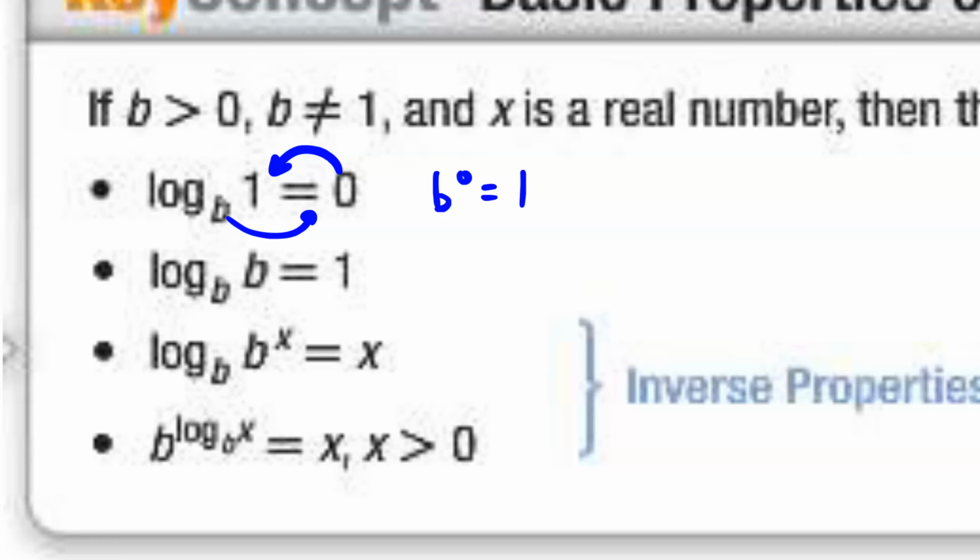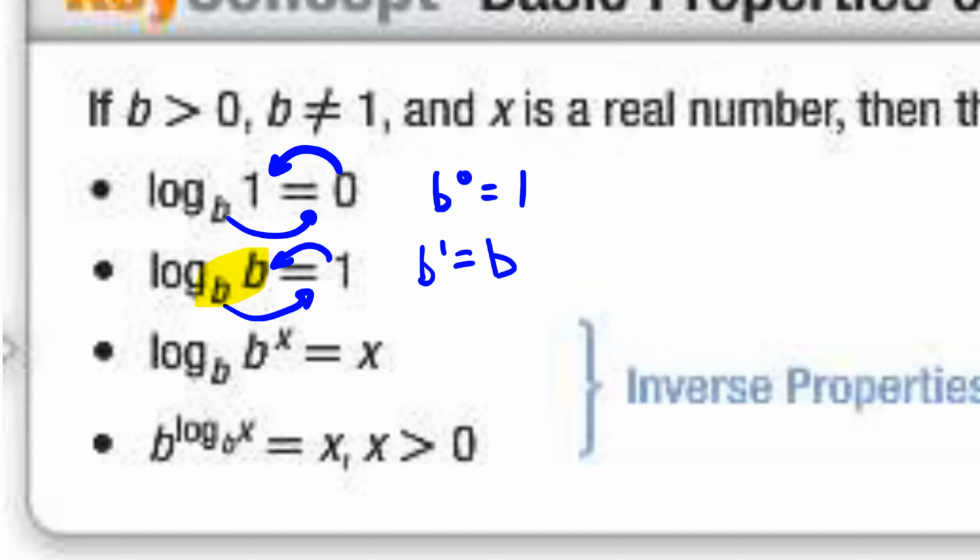It doesn't matter what your base is, log base anything of 1 is always going to be equal to 0, because the only exponent that would make any number equal to 1 is 0. And if you have the log base b of b, literally the same number, it's going to be 1. More or less, it's effectively canceling itself out. b to the first power is b. Anything to the first power is itself.